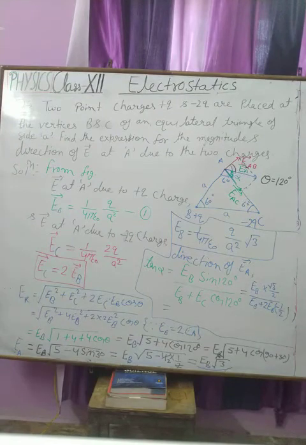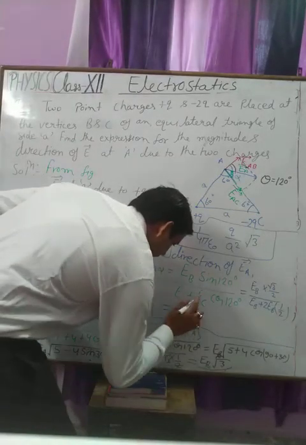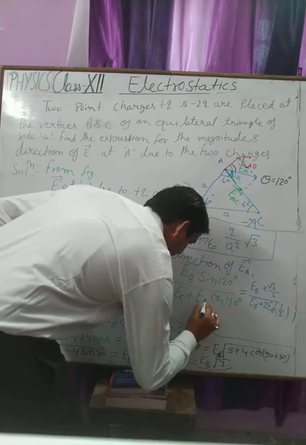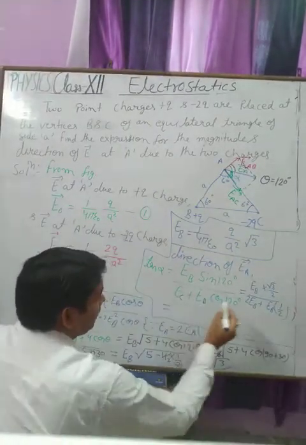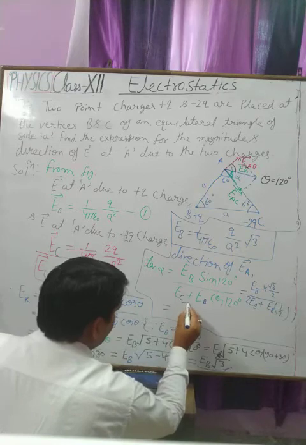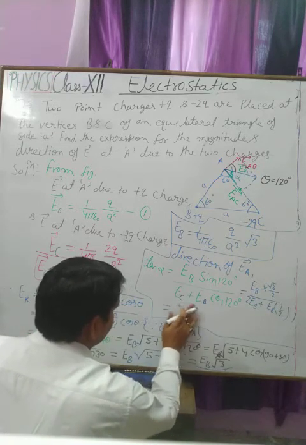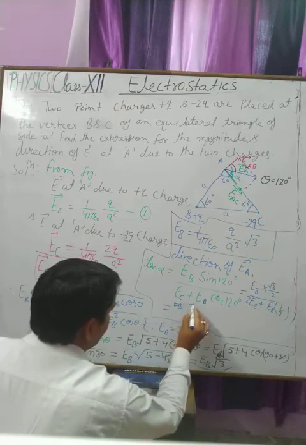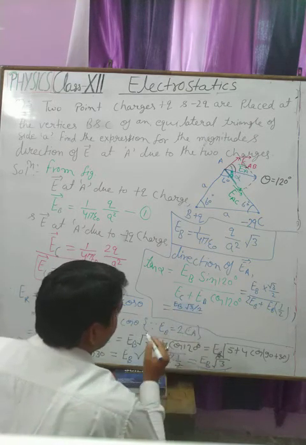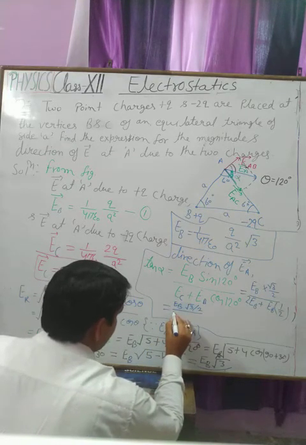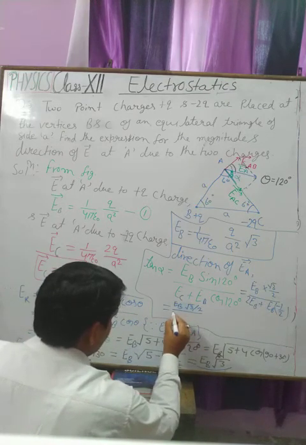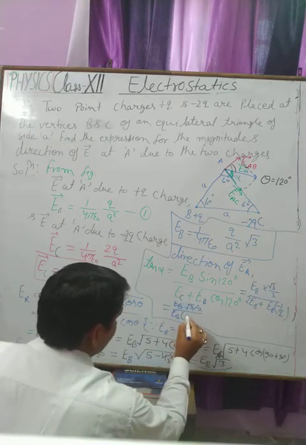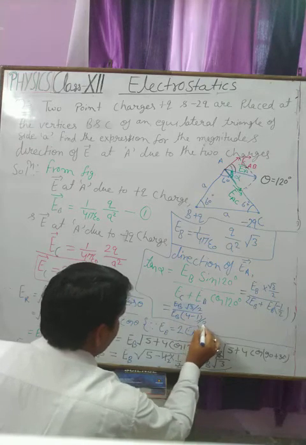So this will become root 3 by 2 EB upon EB times 2 minus 1 by 2.